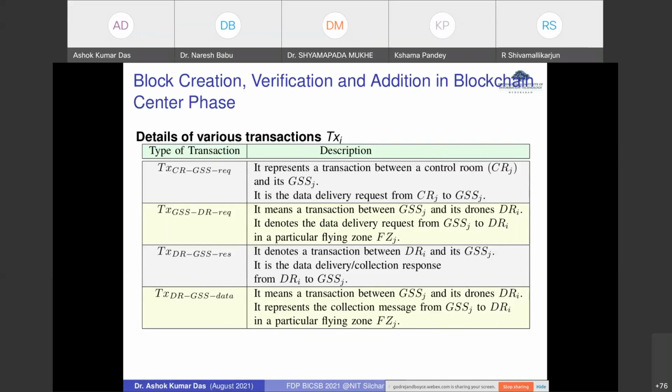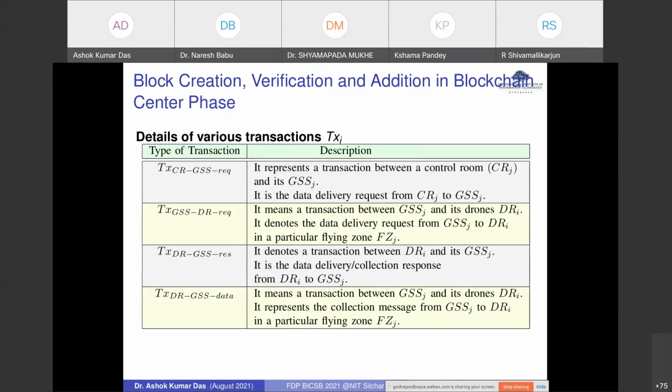Now, once GSS receives the data delivery request, it needs to convey it to the corresponding drone in a flying zone. So the next transaction is the TX GSS-DR request, which means a transaction between GSS and the drone. It also denotes a data delivery request from GSS to drone in a flying zone, that is FZJ.